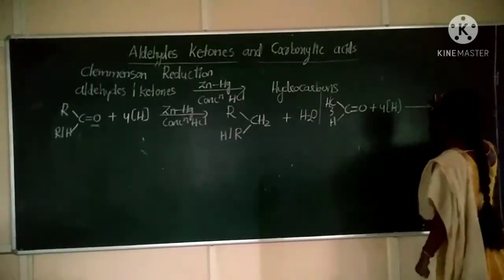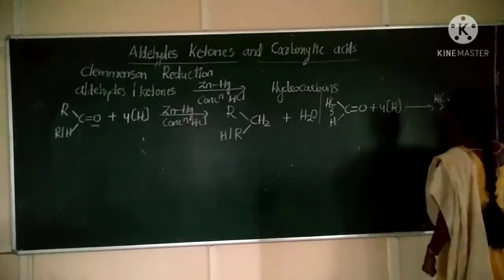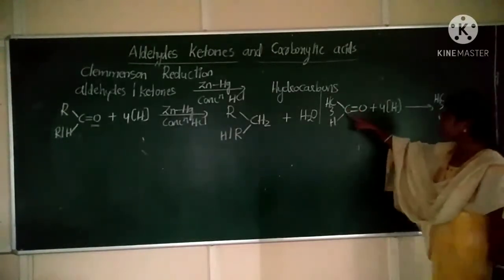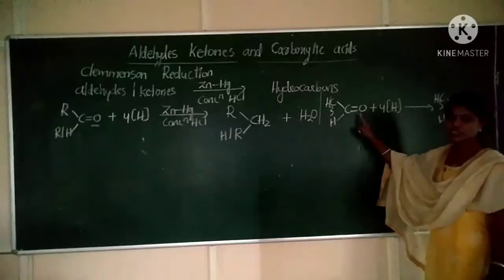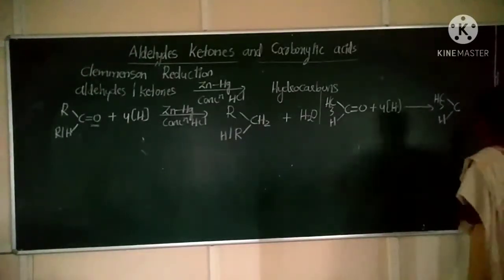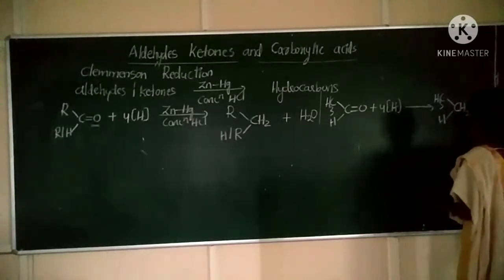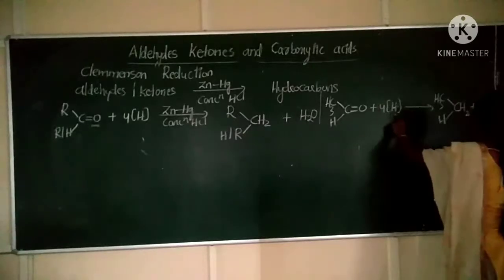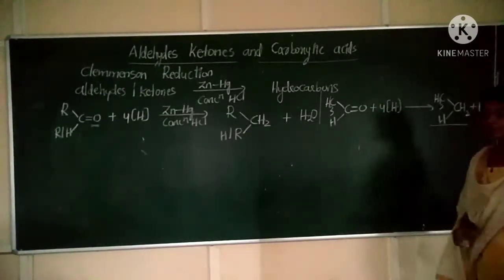So, what is the product? CH3, CH as it is. These groups are the same as it is. Now, C double bond O, in place of oxygen, we have to substitute hydrogen. So, 2 hydrogens here. Plus, what remains? 2 hydrogens and 1 oxygen. H2O is remaining.